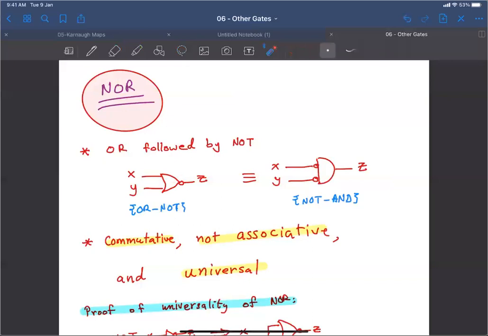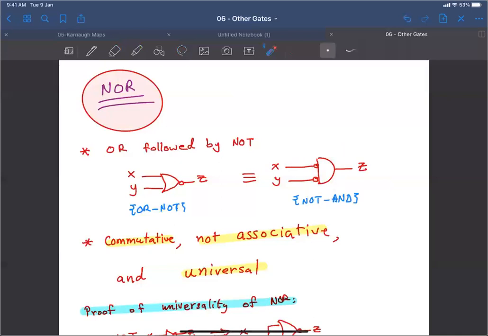By De Morgan's law, you can also do it using NOT followed by AND: you invert the inputs of the AND gate. This is nothing but a NOR gate.